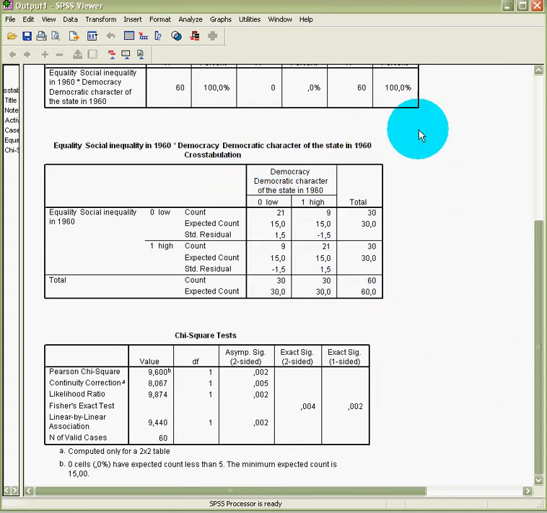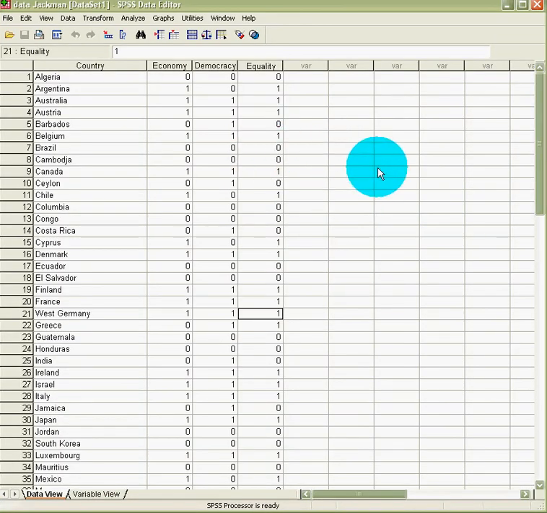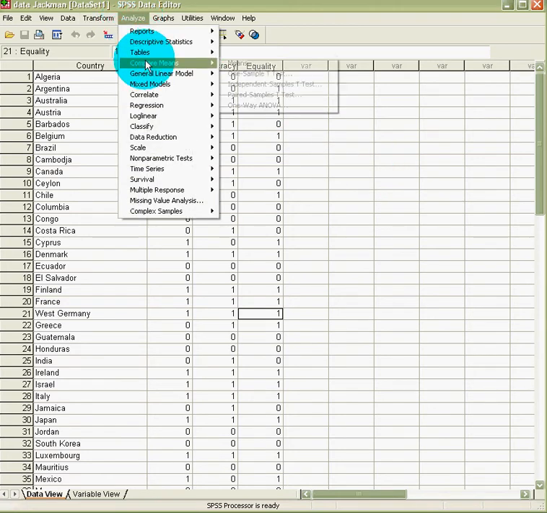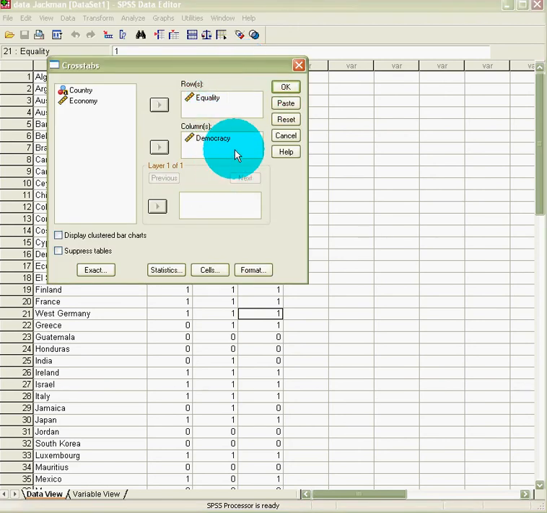But if we want to take a closer look at the relation, maybe we should correct for the state the economy is in. If we want to do this, we go again to crosstabs. You see, the rows and the columns are still filled in, but we want to correct, or layer it, as SPSS calls it, for the economy.